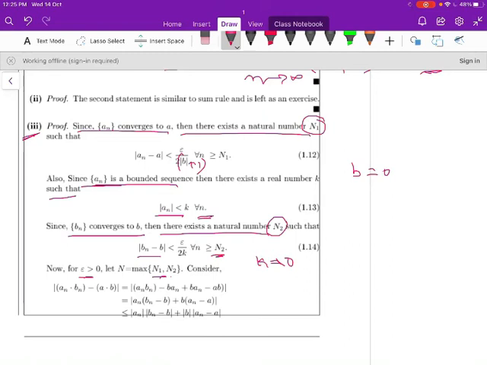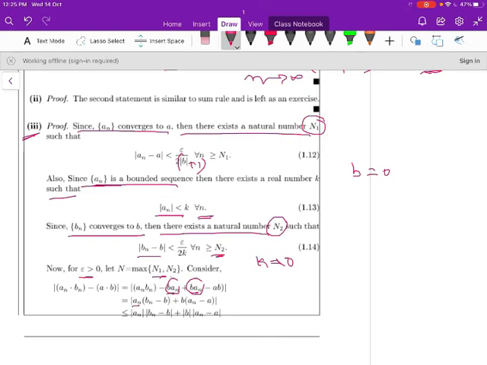Now we consider the modulus of an bn minus ab, where we add and subtract b times an. This can be written as modulus of an bn plus b an minus b an minus ab.